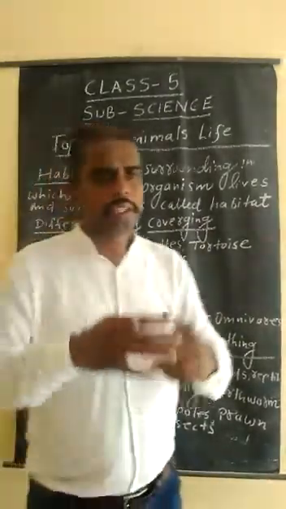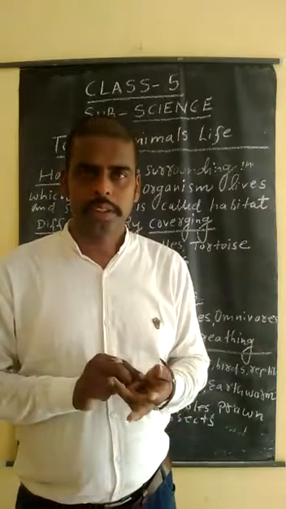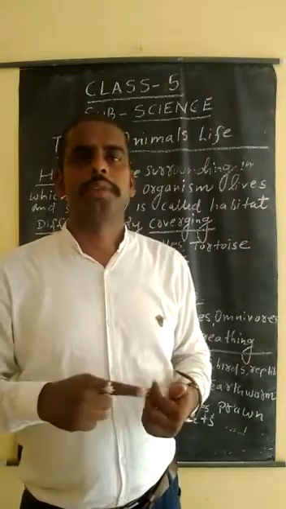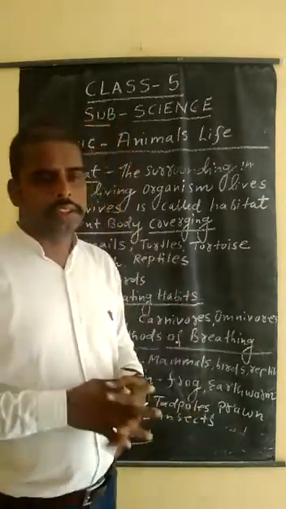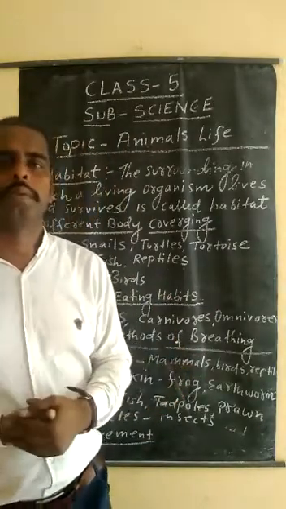And now, different eating habits. In our surroundings there are many kinds of animals. Some are herbivorous, some are carnivorous, and some are omnivorous. Those animals that eat plants and plant products are known as herbivorous.